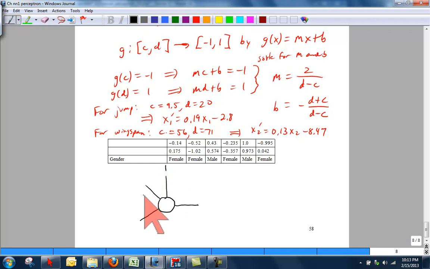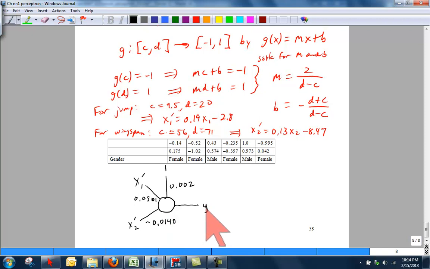There is the 1, and there is x1 prime and x2 prime coming in, and the associated weights then were 0.002, 0.0501, and negative 0.0140.